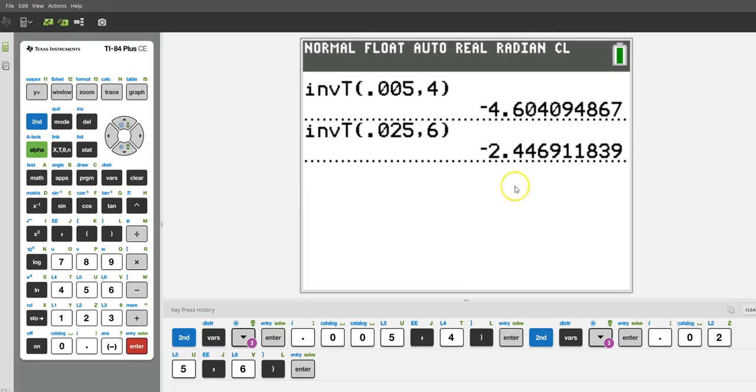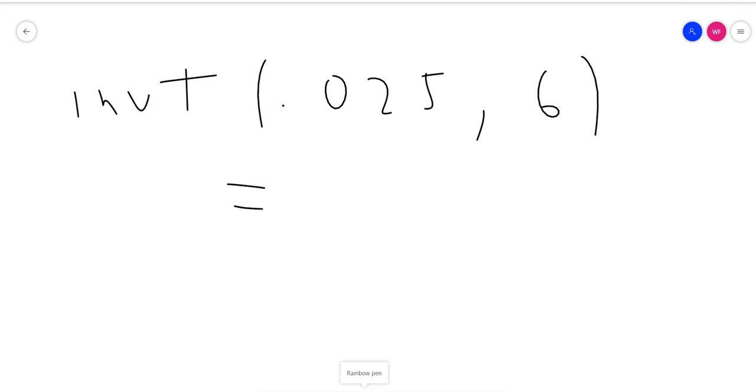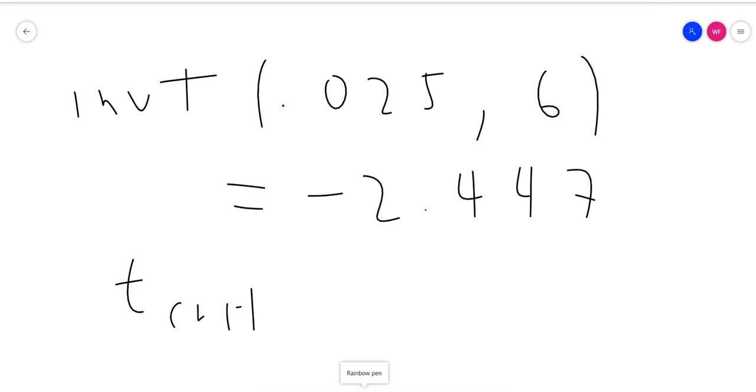This is minus 2.447. And by the symmetry, the critical t-values, t-crit, would be plus and minus 2.447.